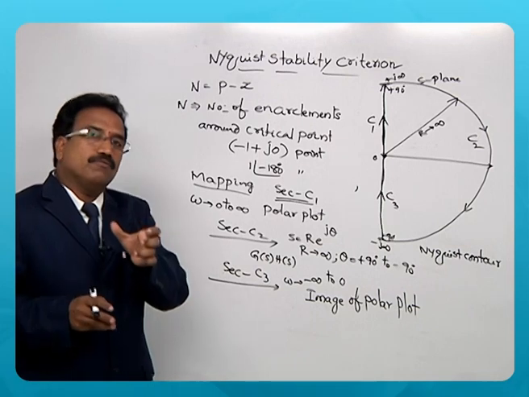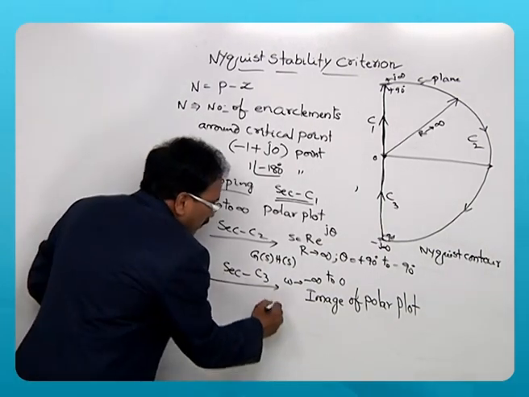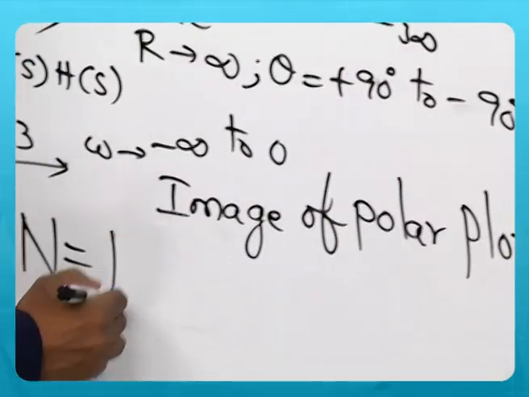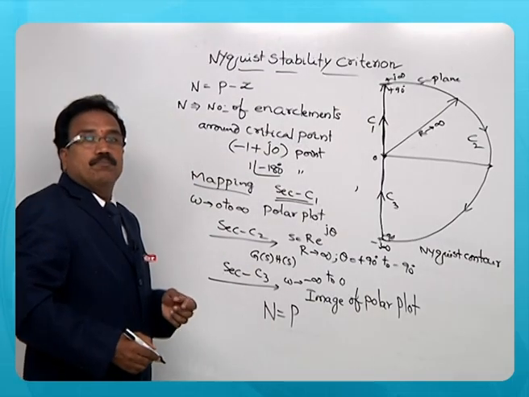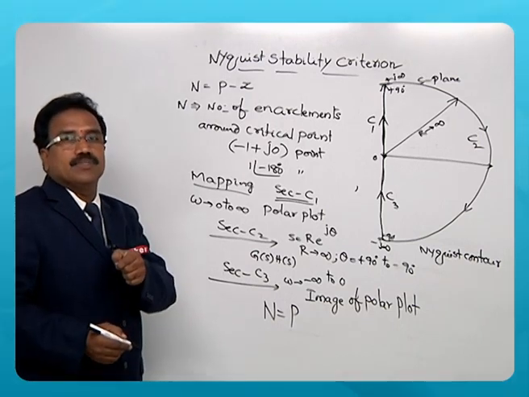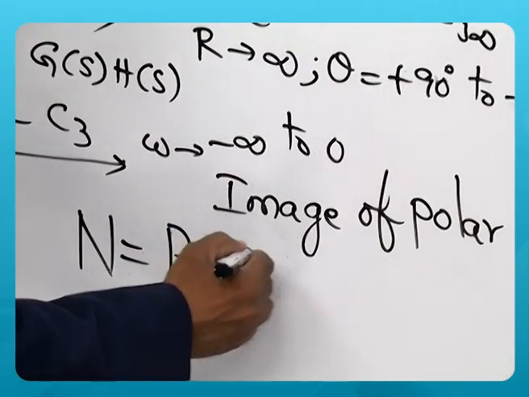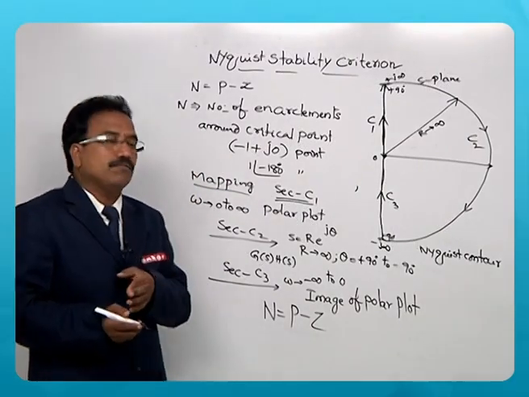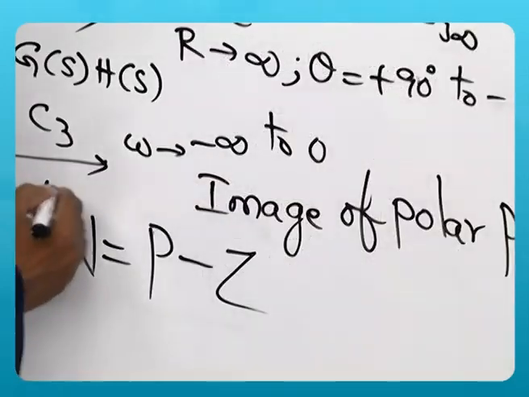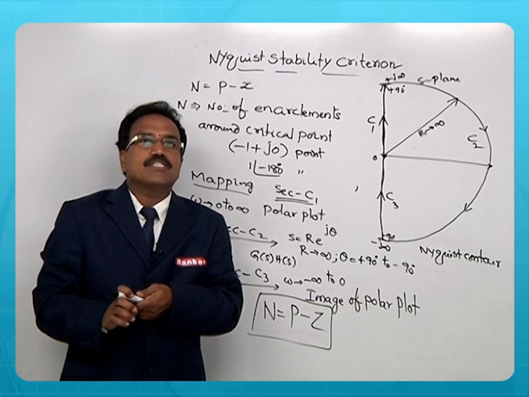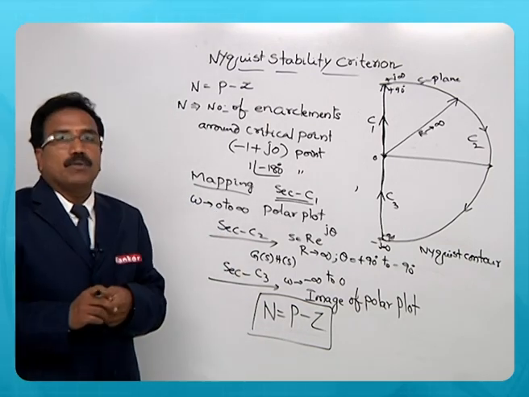Then you should look for the number of encirclements, N, and ask: are there any poles of the open loop transfer function in the right half, and are there any closed loop poles in the right half of the S plane? With this we will come to know the stability of the closed loop system from the Nyquist plot.